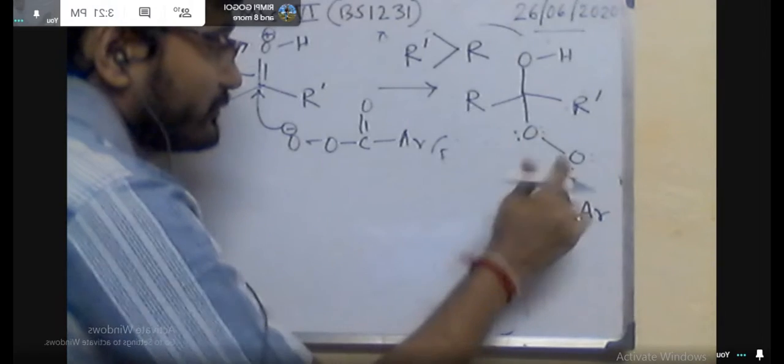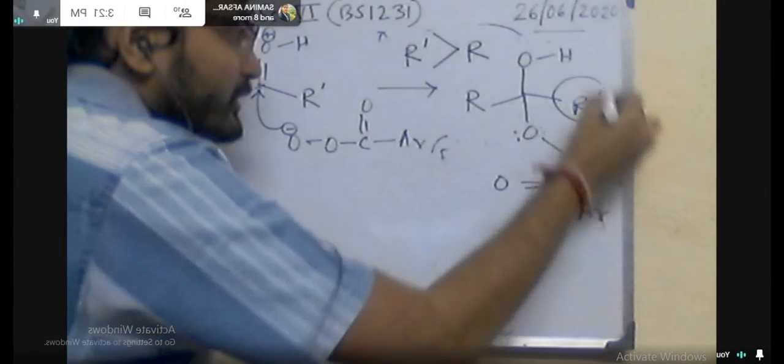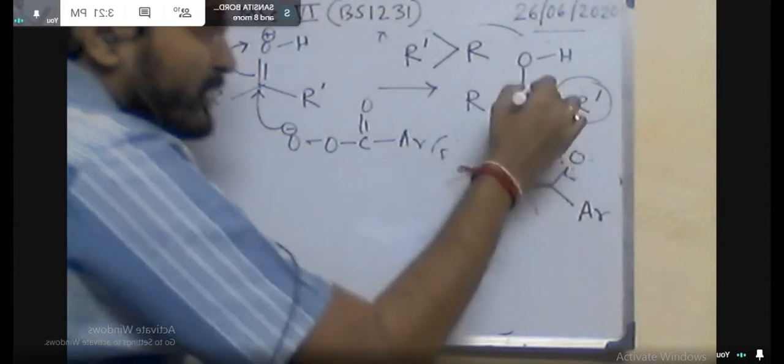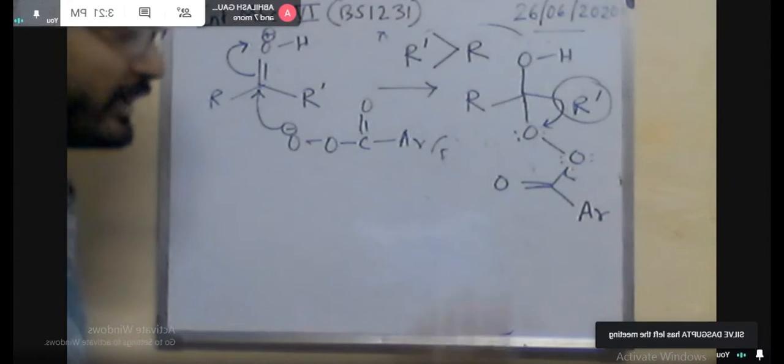It will migrate here, it will transfer here, that means there is a formation of the carbon oxygen double bond, and similarly the pi cloud will be localized over the electronegative oxygen.